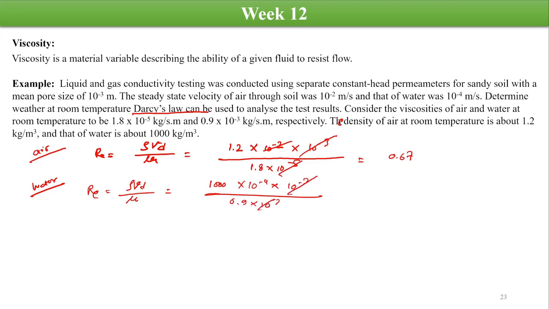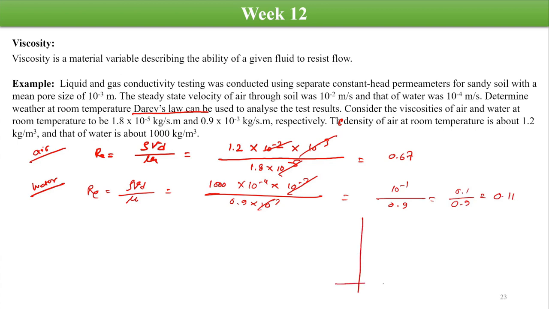So 10 to the power minus 3 and 10 to the minus 3 will cancel out. This will result in 10 to the power minus 1 upon 0.9. So that will be 0.1 upon 0.9. It will give you 0.11 for Re.